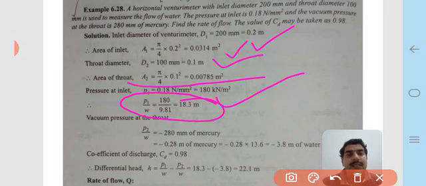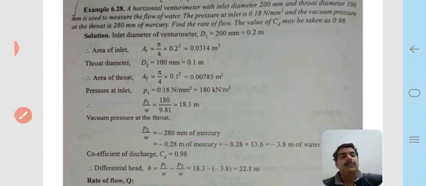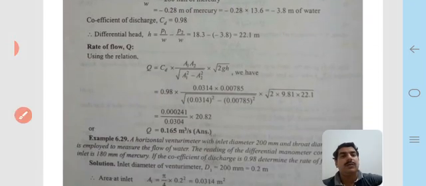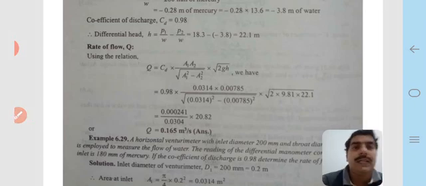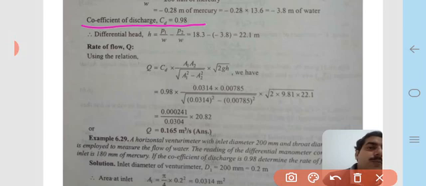The vacuum pressure at the throat, P2 upon W, is equal to minus 280 millimeter of mercury multiplied by 13.6, and we obtain 3.8 meter of water. The coefficient Cd is taken as 0.98.